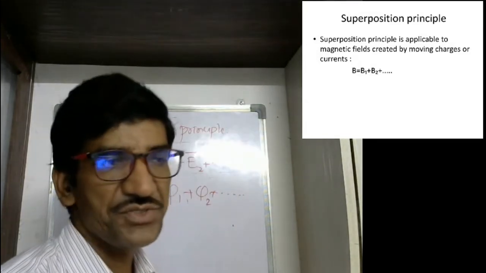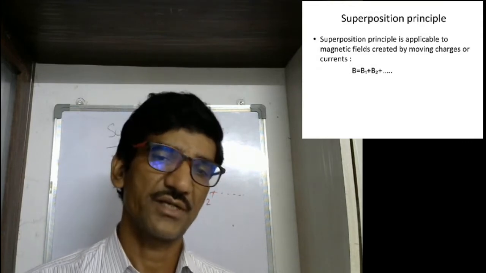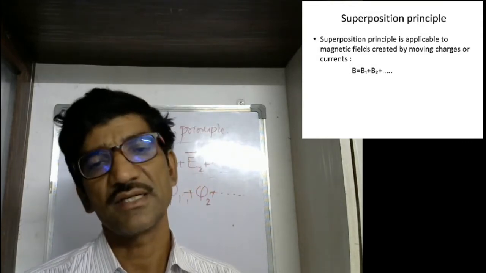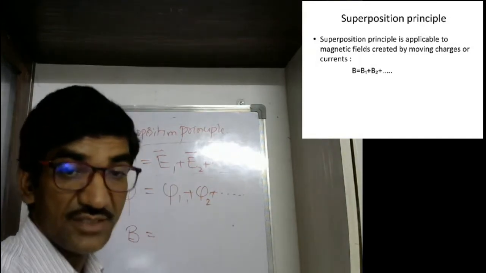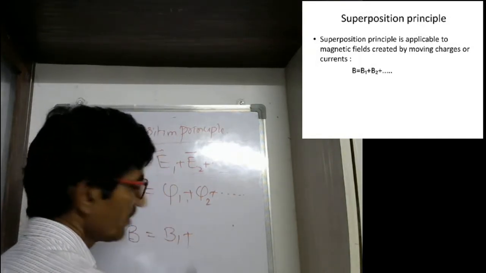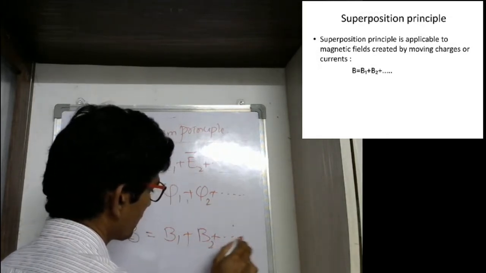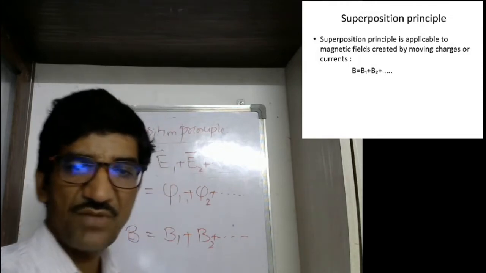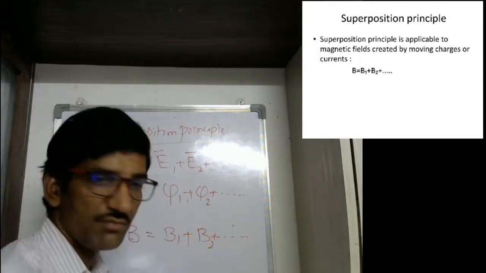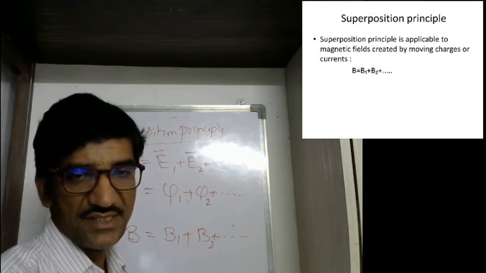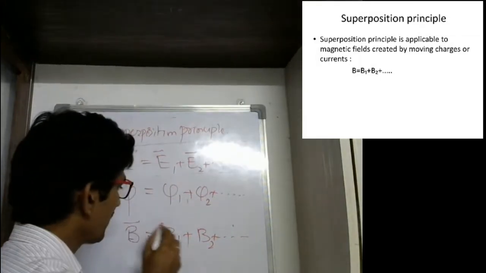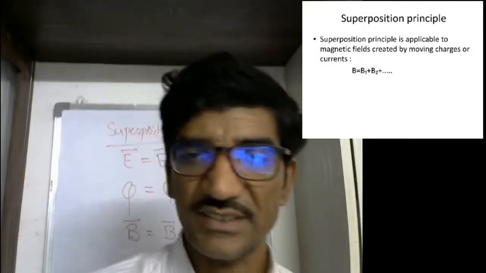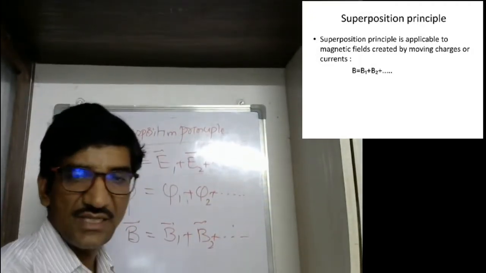That means if you consider so many charges in motion at one place, then the total magnetic field induced by all these charges is B is equal to B1 plus B2 plus and so on. So the superposition principle is also applicable to the magnetic induction vector as well.